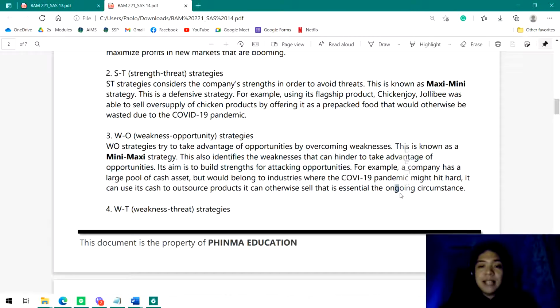Nakalagay dito, for example, a company has a large pool of cash assets but would belong to industries where the COVID-19 pandemic might hit hard. It can use its cash to outsource products it can otherwise sell that is essential in the ongoing circumstance. So for example, yung company mo, marami siyang pera or yung cash asset natin.